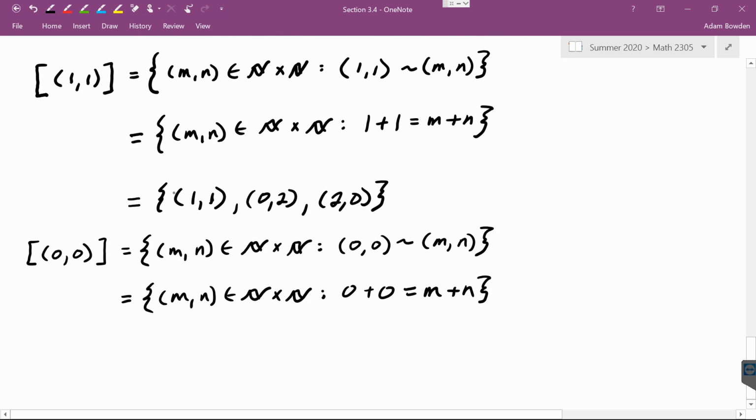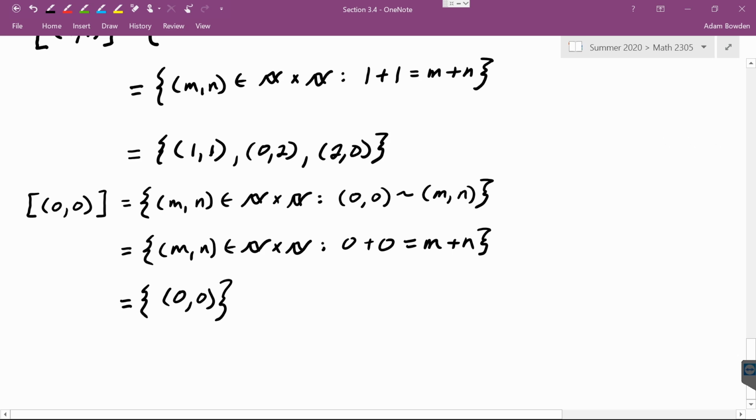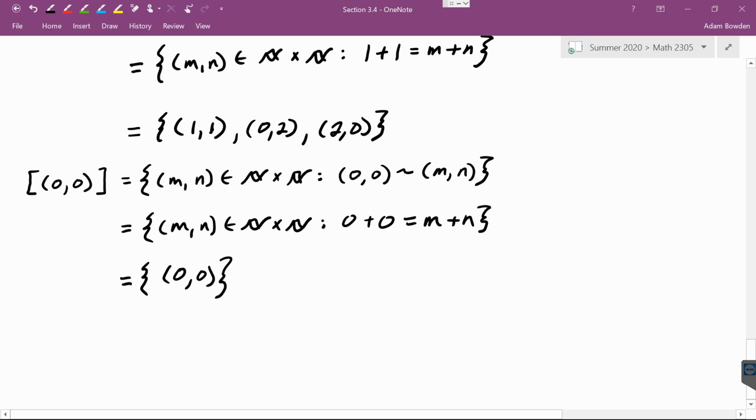So what ordered pairs would have numbers that match up with this description? Indeed, there's only one, and that's just 0, comma 0. Only way we could have 0 plus 0 equals m plus n, so nothing else would do here, again, since we're using natural numbers. Now, if we went off into integers and had negatives in there, we could find some other combinations.